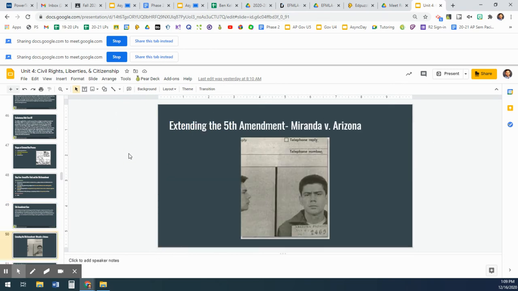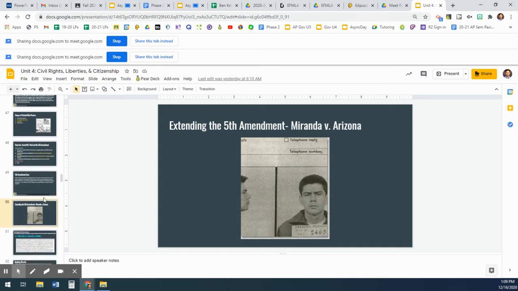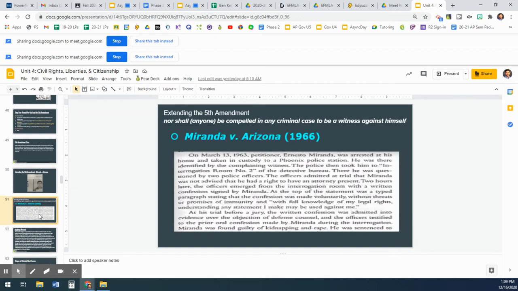All right, so Miranda versus Arizona. This is what we're going to talk about next in understanding that Fifth Amendment. The Fifth Amendment says that no one should be compelled to testify against himself. Basically, Ernesto Miranda was forced to answer questions without a lawyer present.